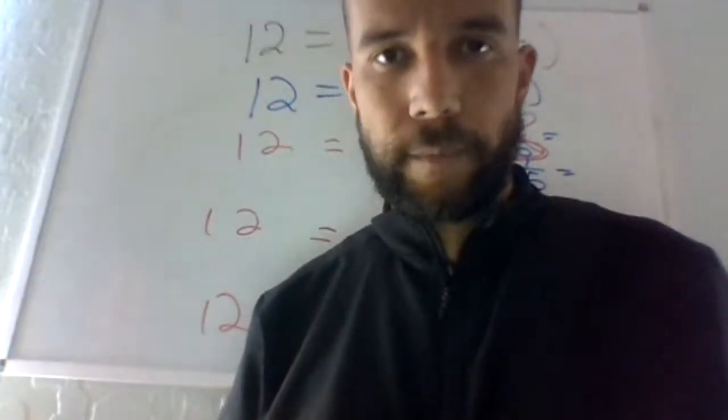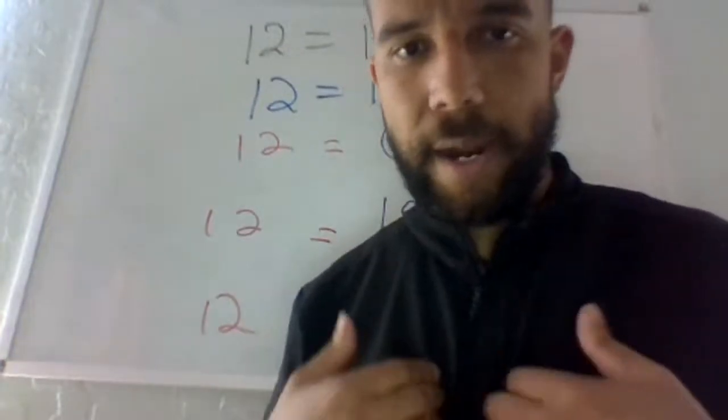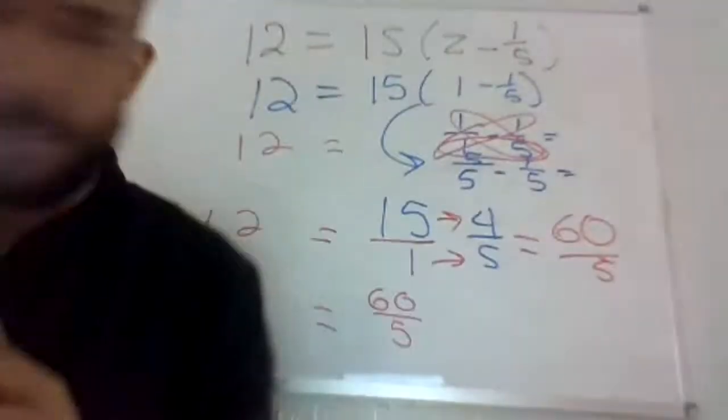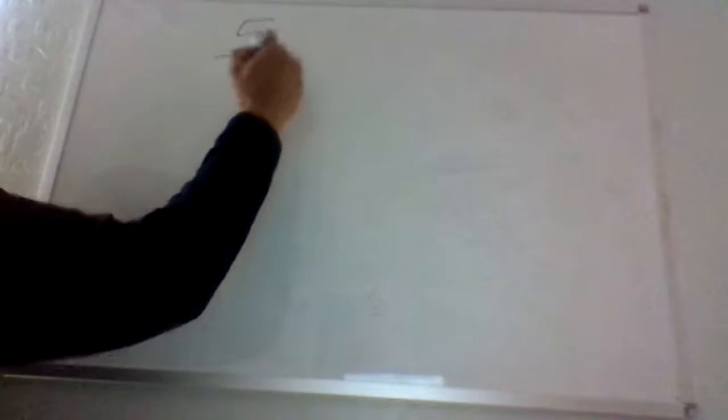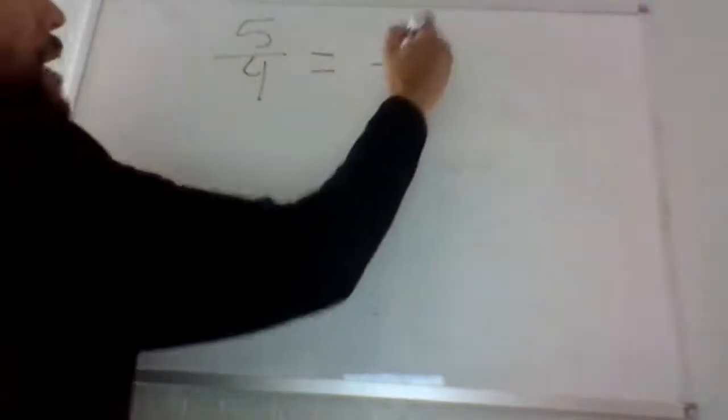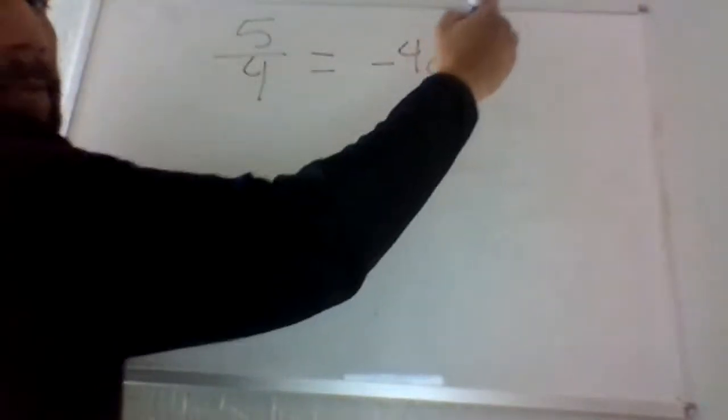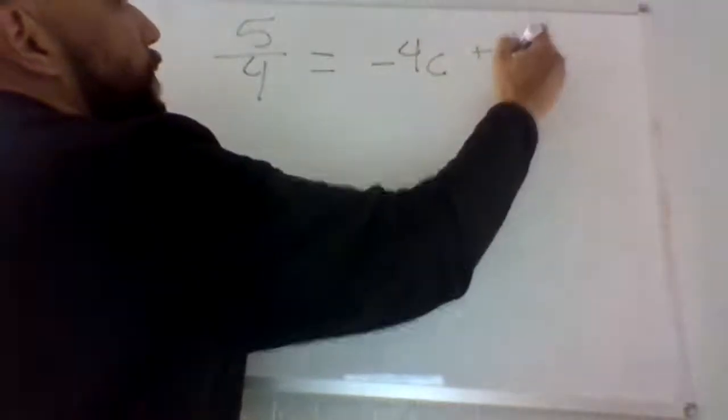Okay. So let's look at another problem. It's going to be very similar. Multiple steps. I'll find you guys. 5/4 equals -4c plus 1/4.